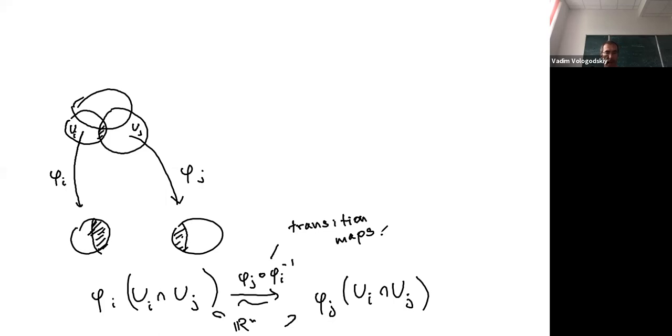So whenever I fix an atlas on a topological manifold, for every pair of indices I have these transition maps, homeomorphisms between open subsets in Rn. Now I'm ready to define a smooth structure.